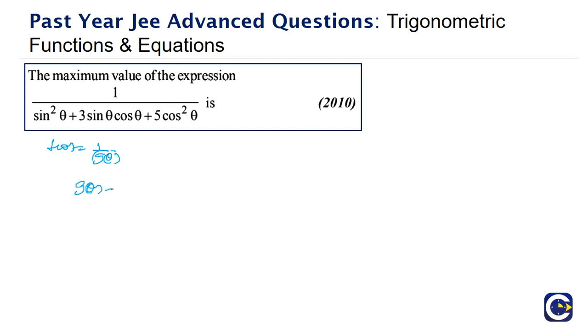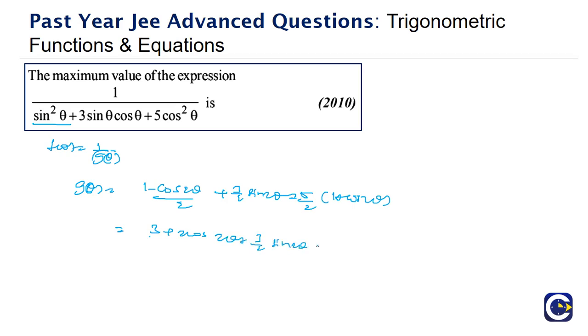So g of theta is nothing but 1 minus cos 2 theta divided by 2, meaning I am writing sin square theta in the form of cos 2 theta, plus 3 by 2 sin 2 theta plus 5 by 2 into 1 plus cos 2 theta. So I am just writing straight away the steps of this g of theta. So this is nothing but 3 plus 2 cos 2 theta plus 3 by 2 sin 2 theta.